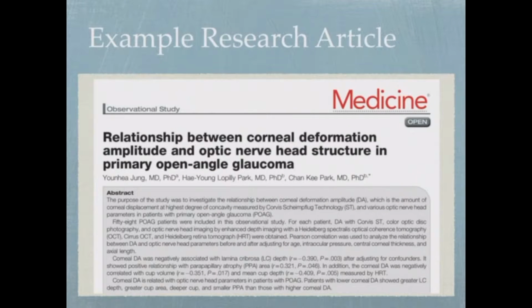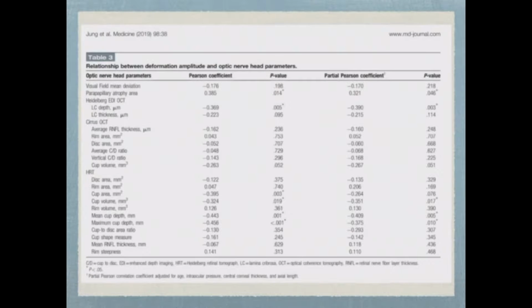And here is an example research article. The study is about the relationship between corneal deformation amplitude and optic nerve head structures in primary open-angle glaucoma. Table 3 shows the relationship between the corneal deformation amplitude and various optic nerve head parameters.